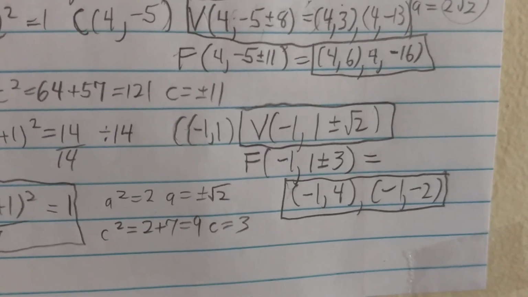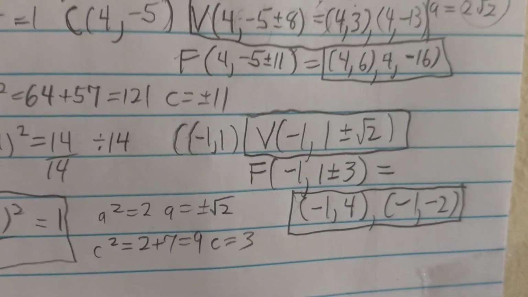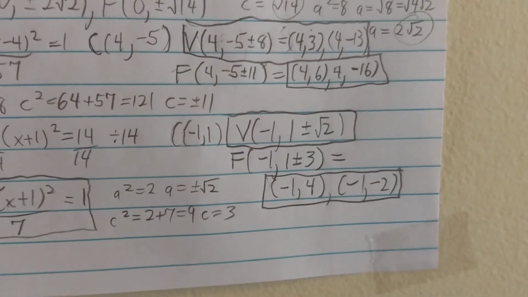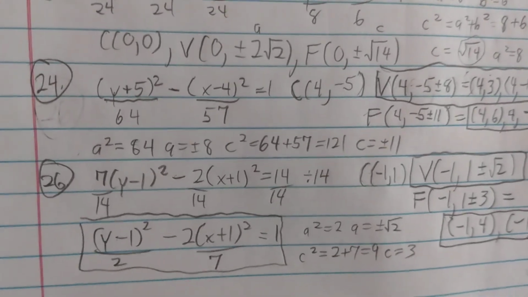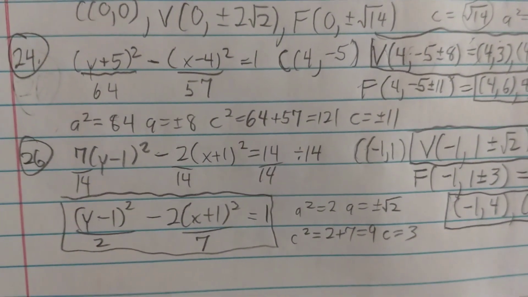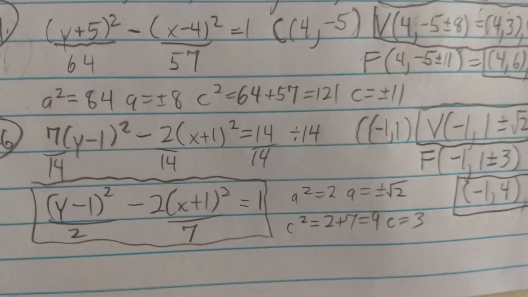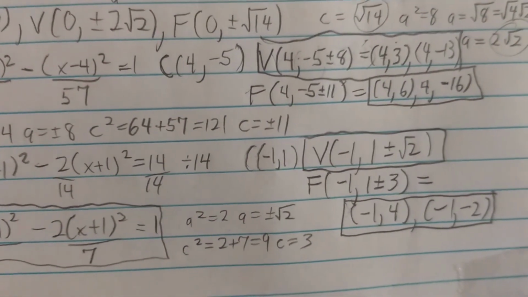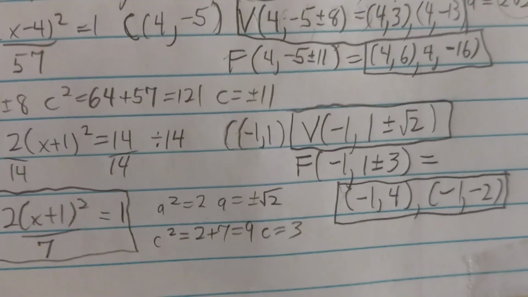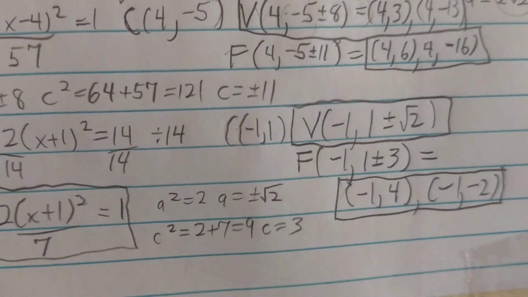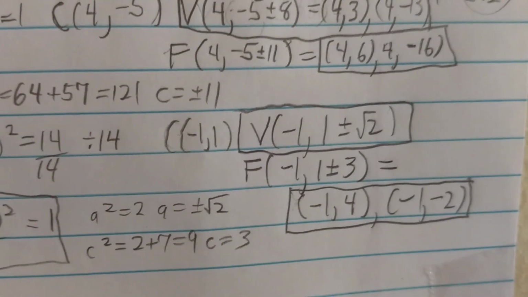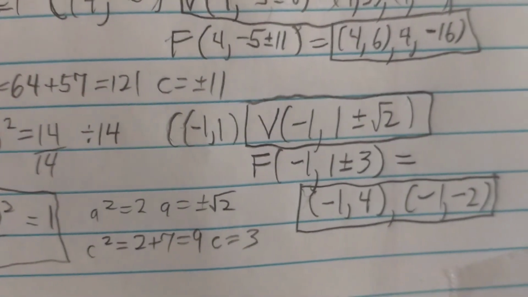So adding, negative 5 plus 8 is 3, giving (4, 3), and subtracting, negative 5 minus 8 is negative 13. Now for the foci, 64 plus 57 is 121, and the square root of that is 11. So for the foci points, remember still on the y, we have (4, -5 plus or minus 11), giving us (4, 6), and (4, -16) when we subtract.